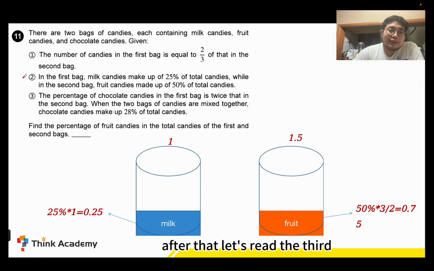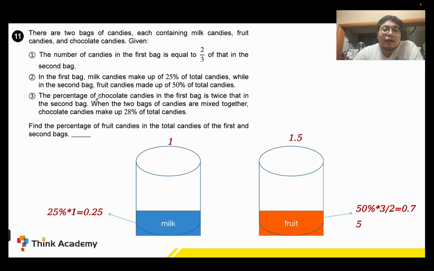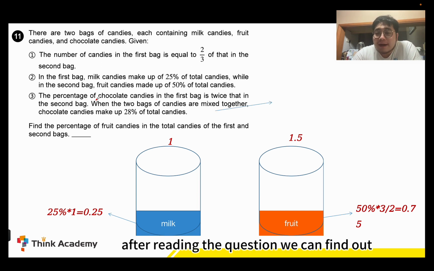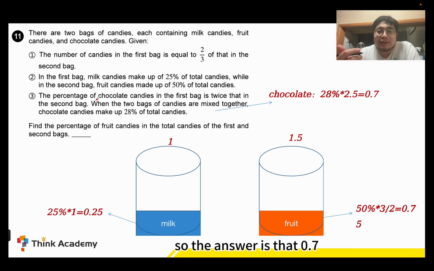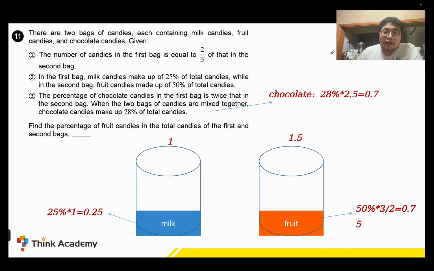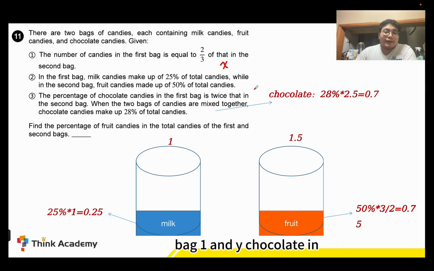After that, let's read the third condition. The percentage of the chocolate candies in the first bag is twice that in the second bag. When the 2 bags of candies are mixed together, chocolate candies make up 28% of the total candies. So after reading the question, we can find out the chocolate is just 28% times 2.5, since 1 plus 1.5 equals 2.5. So the answer is 0.7. After that, we can assume X chocolate in bag 1 and Y chocolate in the second bag.